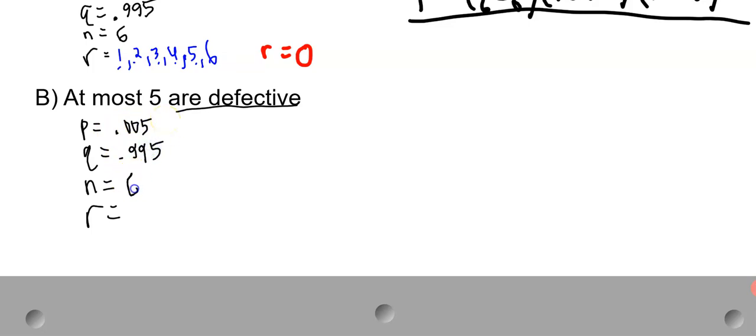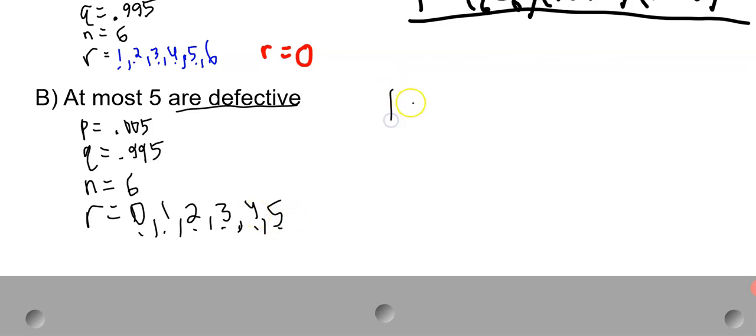And there are 6 trials. And I want at most 5. So I want R to be 0, 1, 2, 3, 4, or 5. I'm actually happy with any of those. So I could do the binomial theorem 6 times, add up all those different probabilities and get my answer.